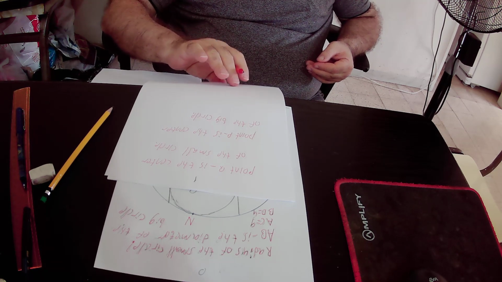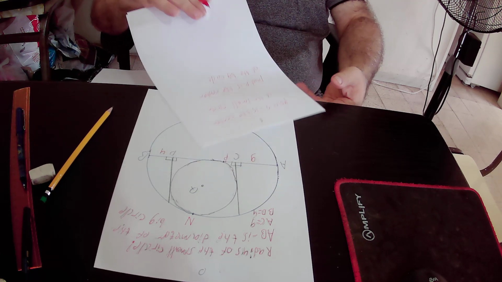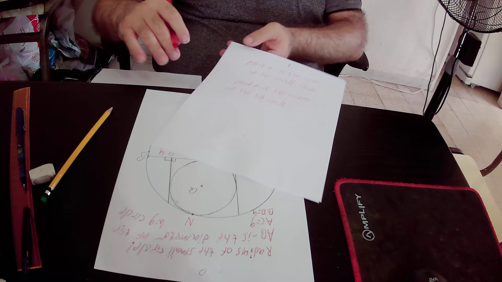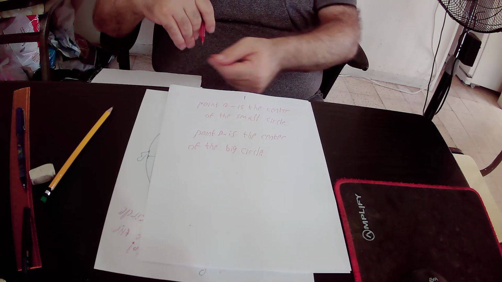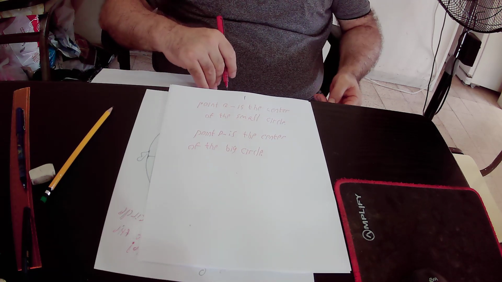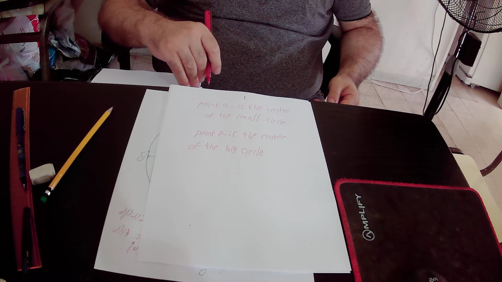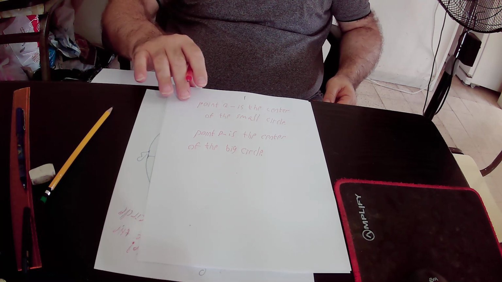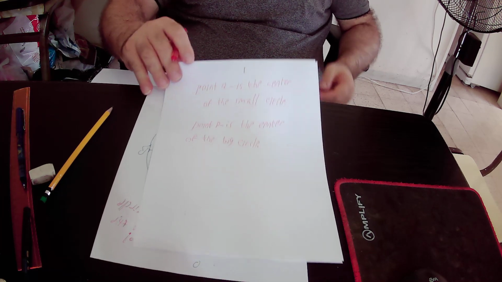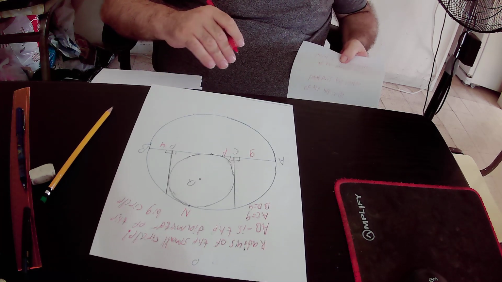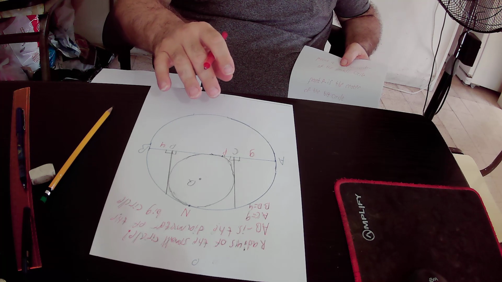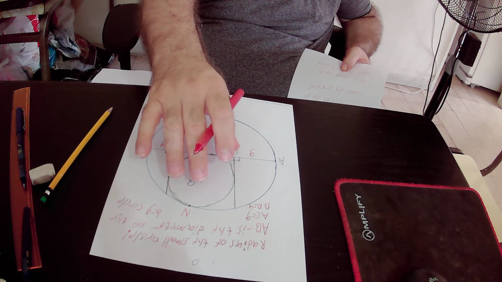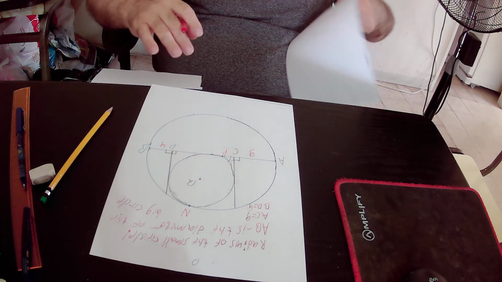So I'll read again the things that I want. Point Q is the center of the small circle, and point P is the center of the big circle. And we will also define the radius of the small circle as small r.